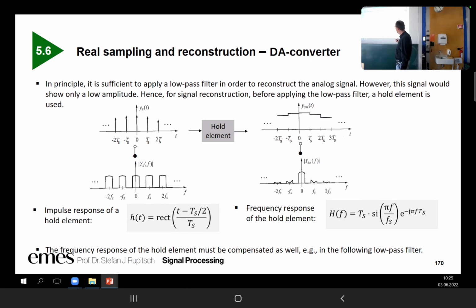However, due to this hold element, our spectrum gets affected. This is shown here, and this is due to the frequency response of the hold element. And if we want to reconstruct the signal in the baseband, we have to correct the effect of the hold element.